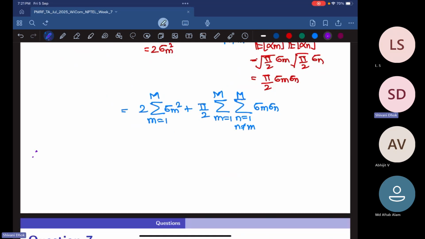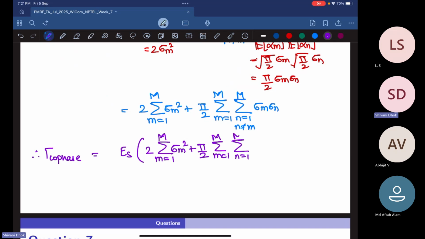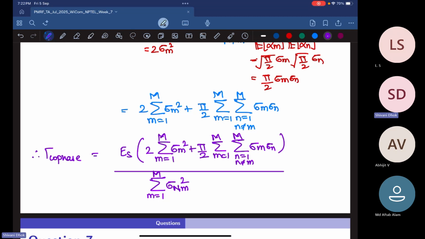So your average SNR of cophase comes out to be equal to Es times 2 times summation m equal to 1 to capital M sigma m square plus pi by 2 summation m equal to 1 to capital M, summation n equal to 1 to capital M, n not equal to m, sigma m sigma n, divided by summation m equal to 1 to capital M sigma nm square.